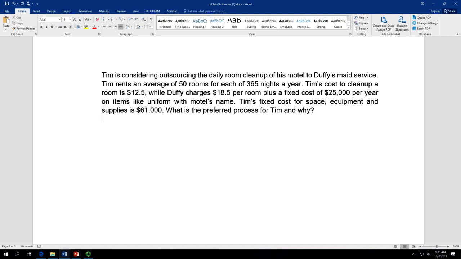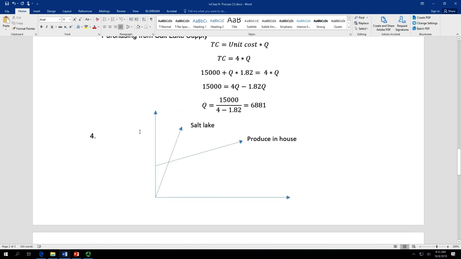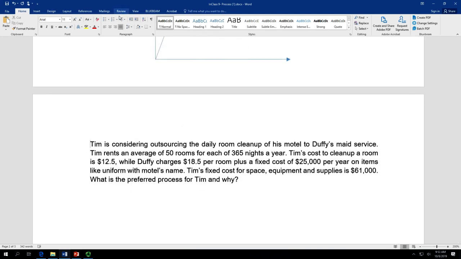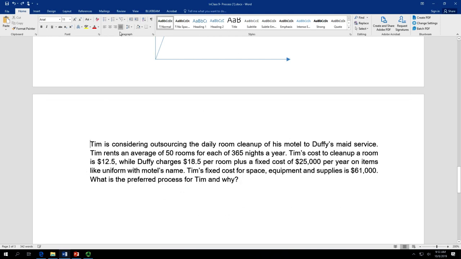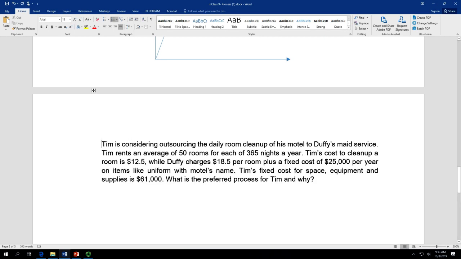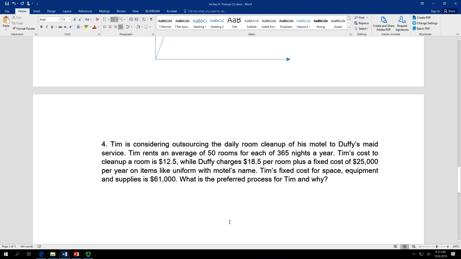Okay, for the two options, outsourcing has a fixed cost.